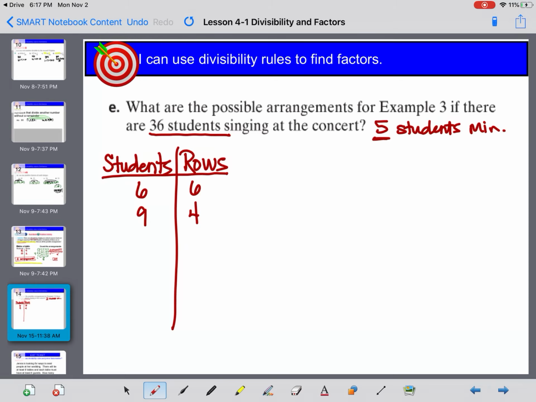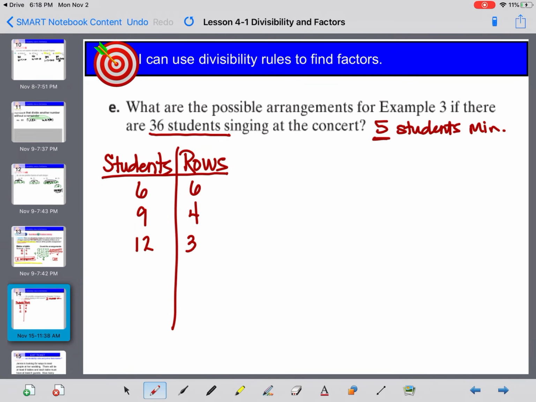10, 11, 12. I could have 12 students in each row. And 12 times 3 is 36. How about 13, 14, 15? Nope. 16?